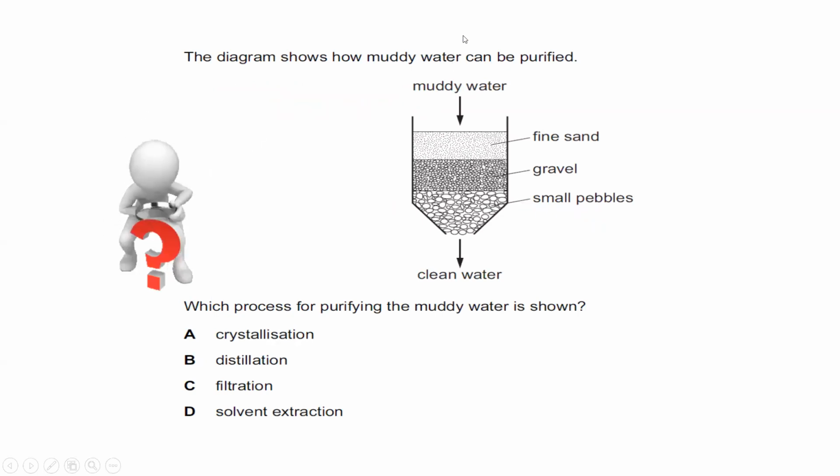Example: the diagram shows how muddy water can be purified. So muddy water is there. Muddy water means it contains solid particles as well. Which process of muddy water purification is shown? You can use the screen annotation to highlight the answer.